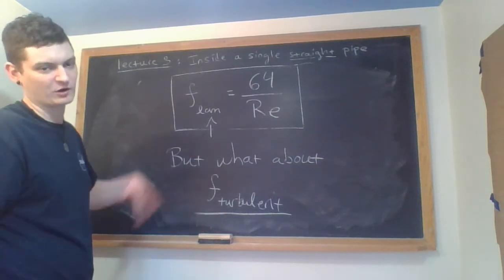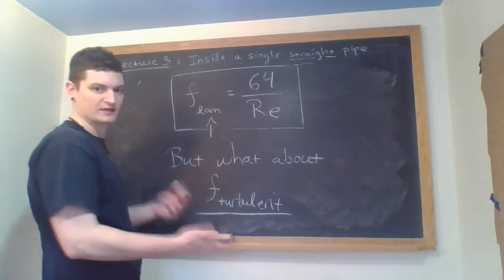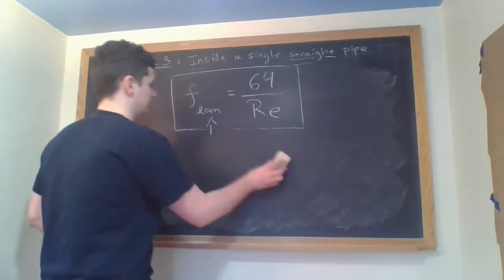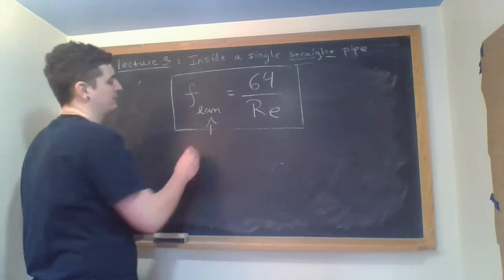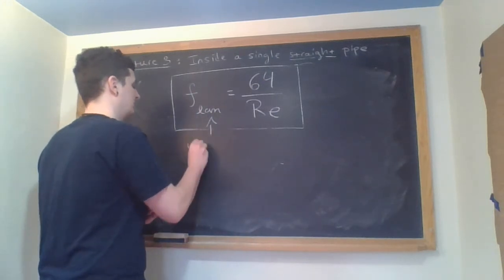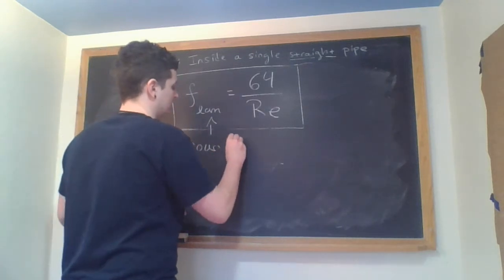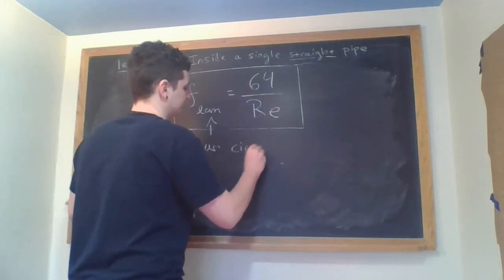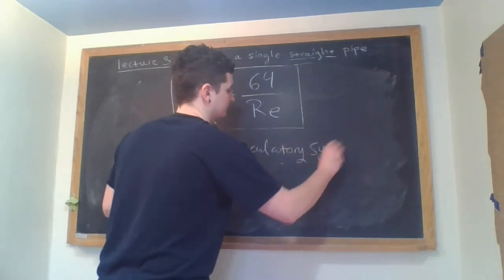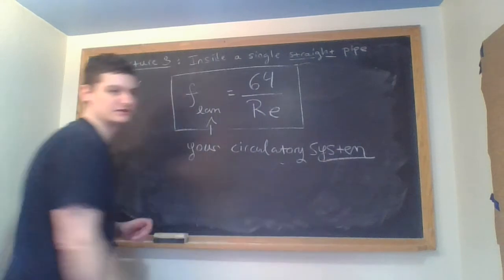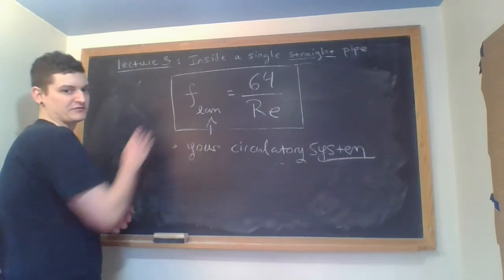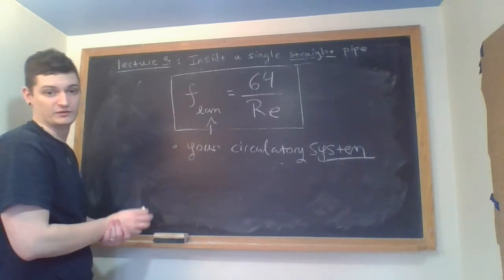It's all fine and dandy if it's laminar, but most engineering flows are not laminar, right? In fact, all water piping systems are probably turbulent. Doesn't mean this thing isn't that bad, right? Because the laminar friction factors are important for your circulatory system, right? All those pipes are super small, so these Darcy friction factors apply to biological fluid systems.